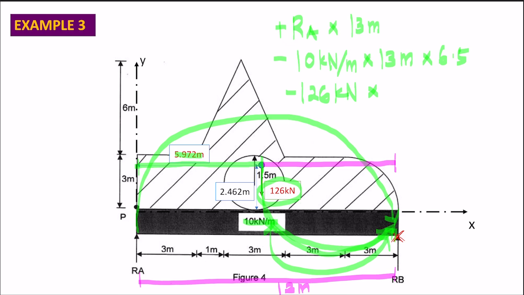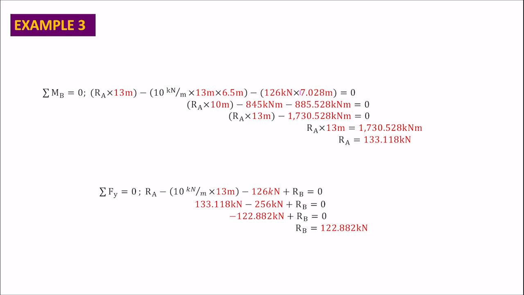So, kita kena ambil 13 meter, tolak dengan 5.972 meter dan baru kita akan dapat value berapa sebenarnya distance from the centroid of the wall to B. Bila dah tak ada lagi force, then it is equal to 0 because of equilibrium. As shown in this calculation, the value of 7.028 meter come from 13 meter minus 5.972 meter.